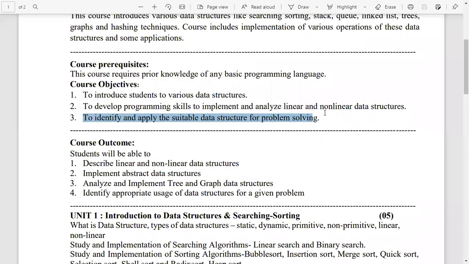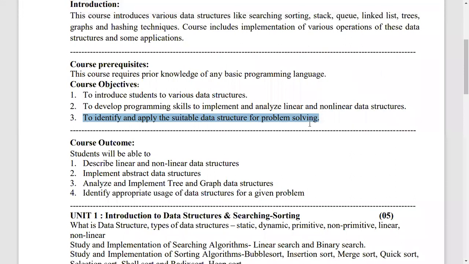The third objective is to identify and apply the suitable data structure for problems. First we need to identify the problem, and after that we need to solve that problem by creating the design. Then, by considering the data structure and programming language, we'll solve that problem.